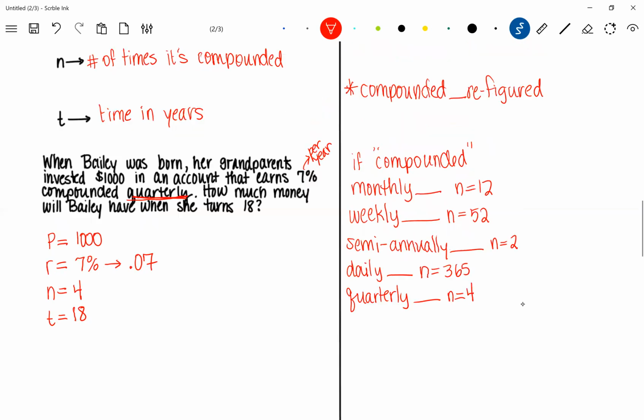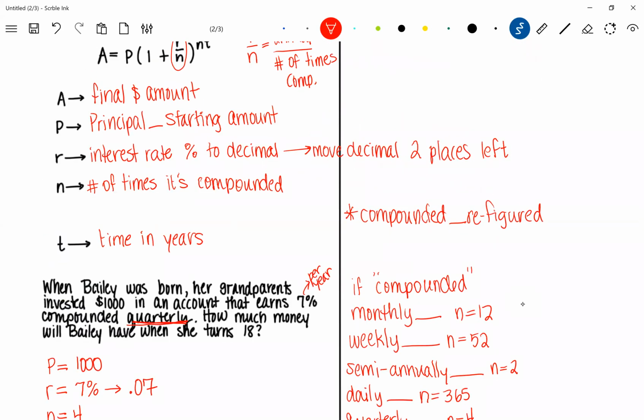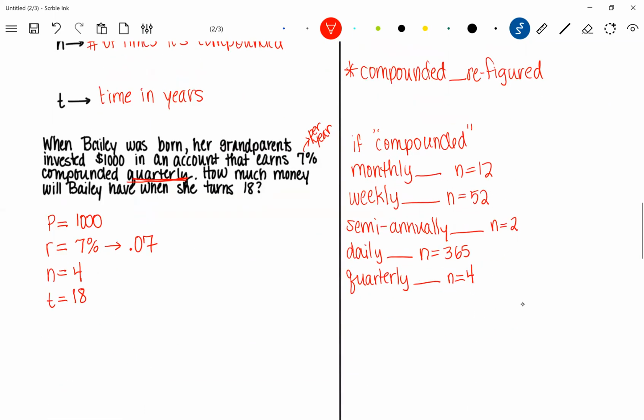So we had 5 variables up here, right? 1, 2, 3, 4, 5. We wouldn't be able to figure this out if we didn't have 4 of those, and we do. If they didn't tell us how many years, how many times a year, or what they started with, we wouldn't be able to get an answer. They have to give us 4 pieces of information to find the 5th. They always have to do that, okay?